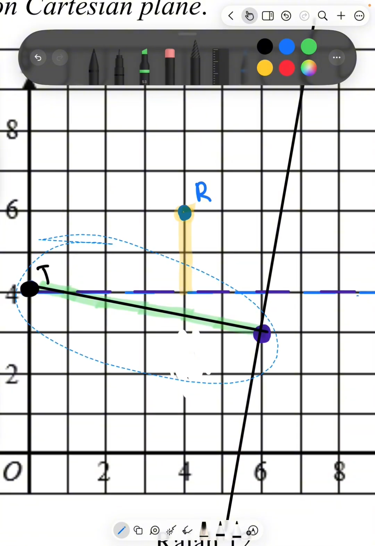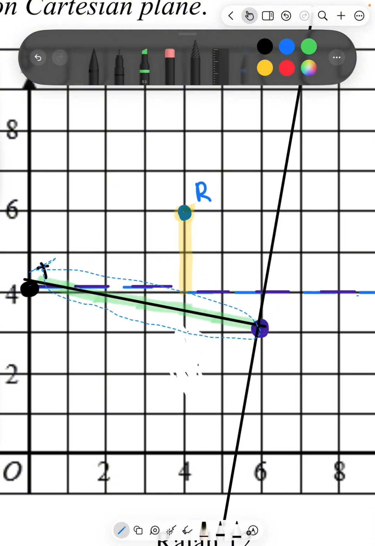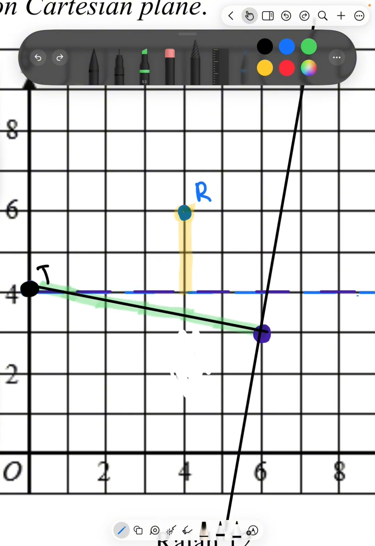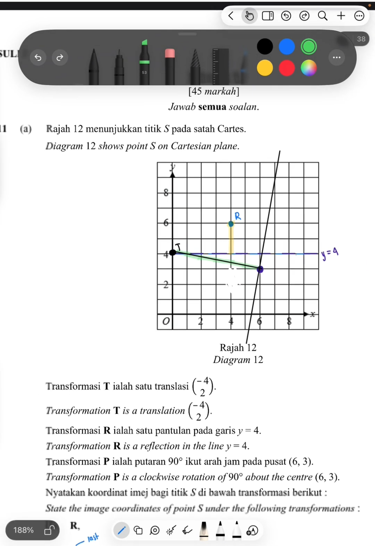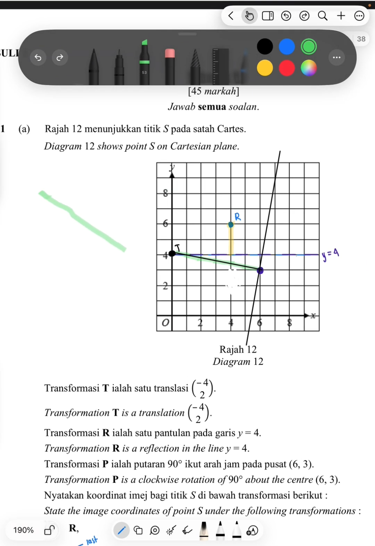Oops. Never mind. Let me just draw myself. 1, 2, 3, 4, 5, 6.